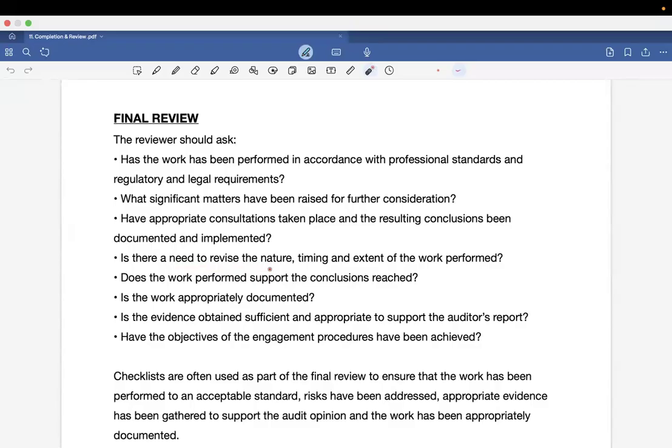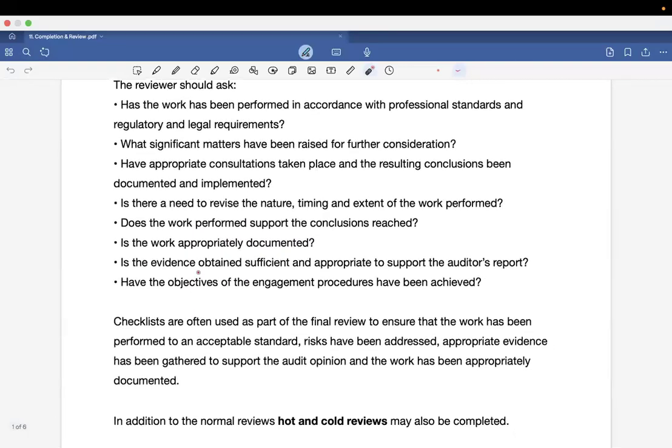Also, the reviewer is going to ensure that whatever work the auditor has done is enough to support the conclusion that has been drawn. And also, he's going to ensure that everything is documented properly.